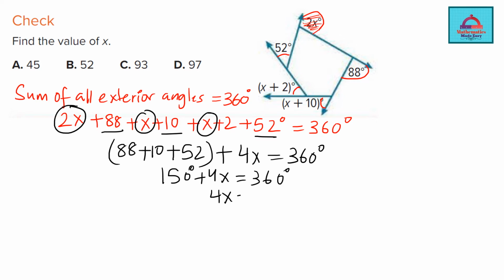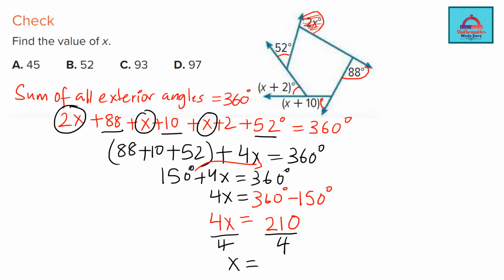So 4x is equal to, take this 150 to the other side. When it moves here, it changes the sign, it gets subtracted. So this is going to be 210, which is 4x. Let's divide by 4 on both sides so that you get the value of x.